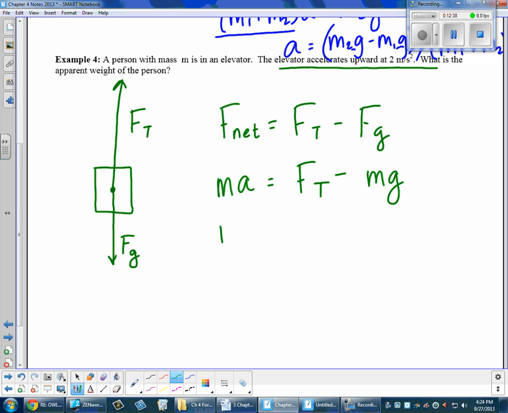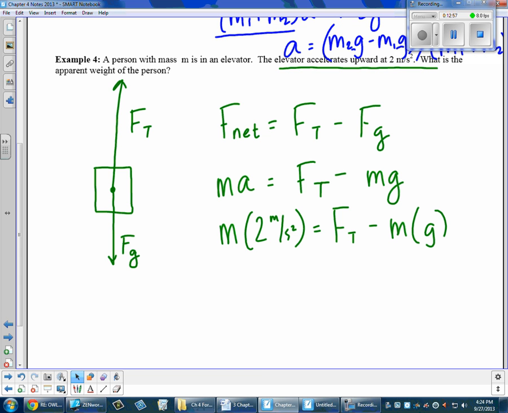So their mass times 2 equals the tension force minus their mass times G. And basically, to solve for their apparent weight, what I would end up doing is I would solve for Ft.